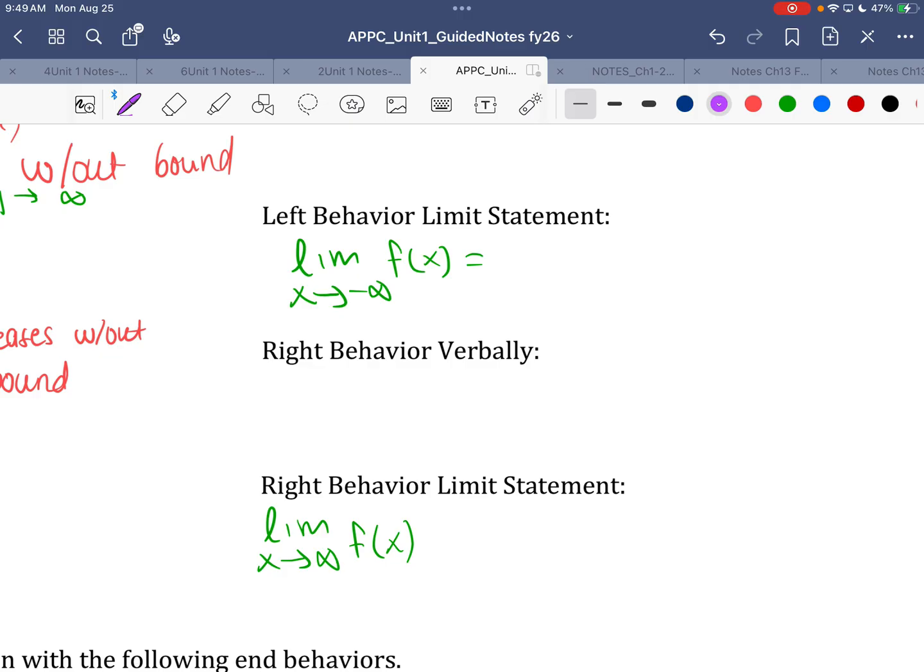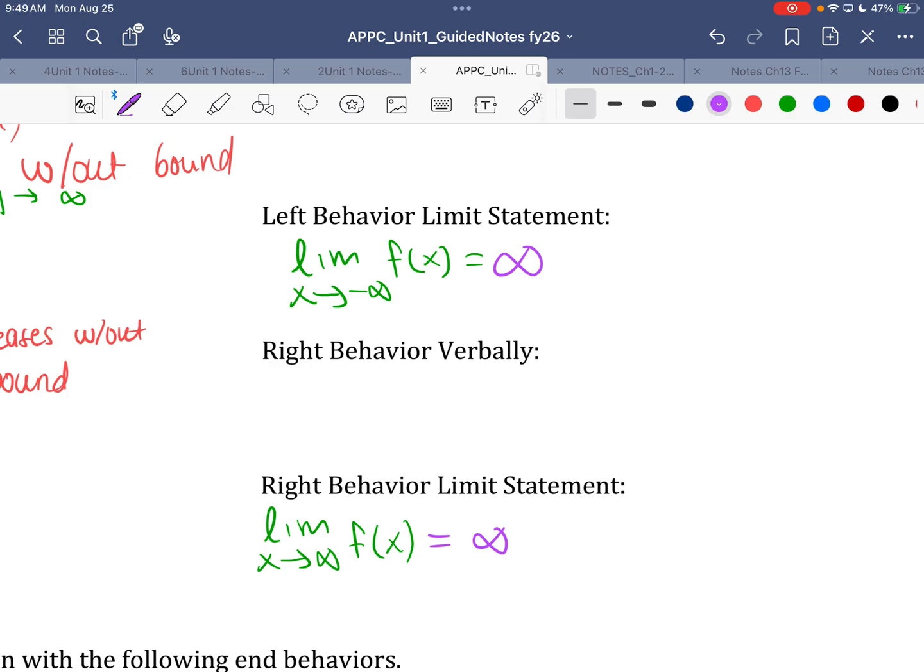Going up, what does that mean? Right, so the y's are going to positive infinity. The right side's also going up, so what does that mean? Yes, so as x's are increasing, y's are increasing without bound. As x's are decreasing without bound, the y's are increasing without bound.